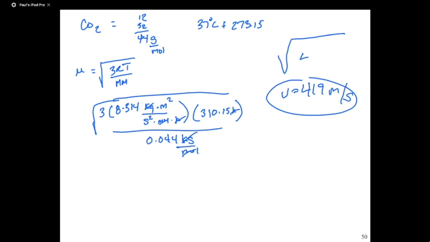How fast is that? Do you know how fast that is? Not really. Okay, so let's put it into something that you know. Meters per second. Seconds can be converted into minutes, minutes to hours. 60 seconds, 60 minutes, 1 hour. Okay, now I've got meters per hour.